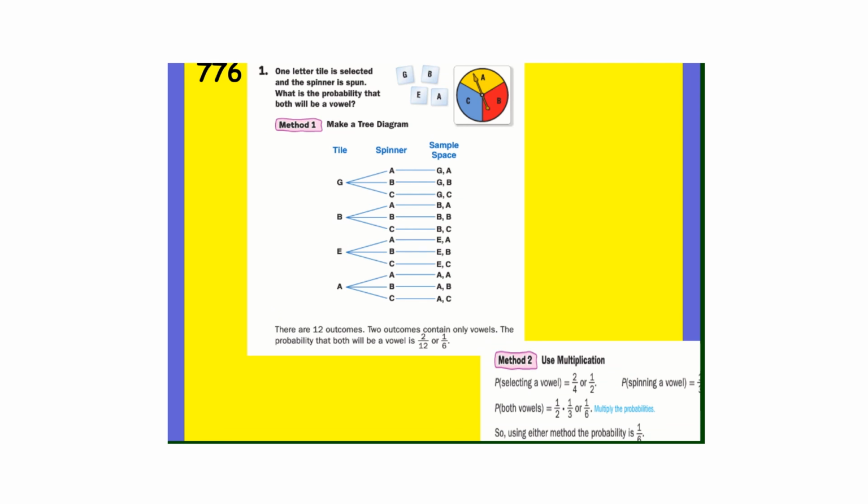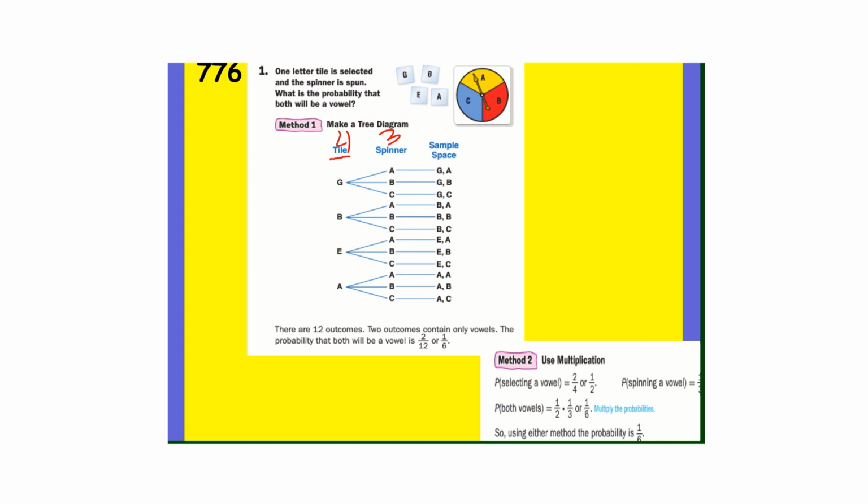Okay, so a letter tile is selected from the G, B, E, and A. So we have 4 choices here for the tiles. And the spinner is spun. There's 3 sections of the spinner.